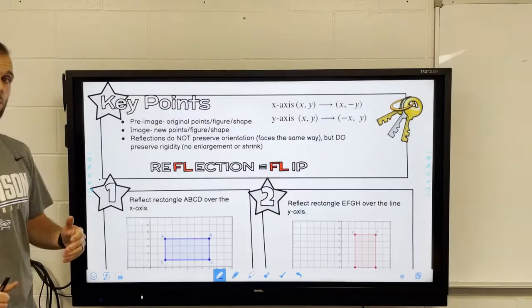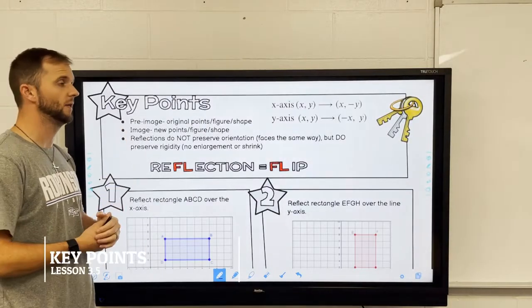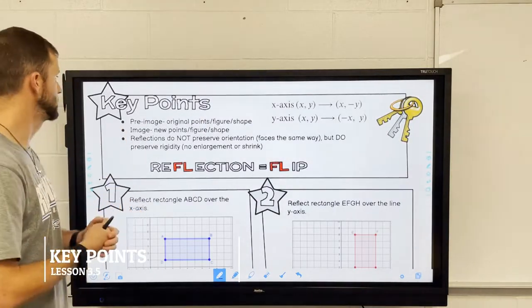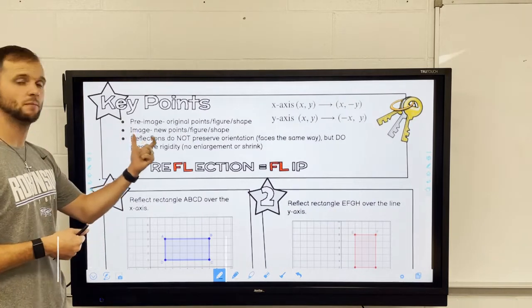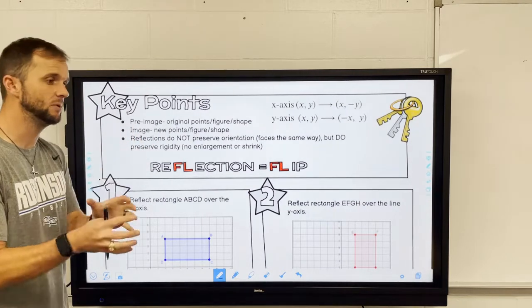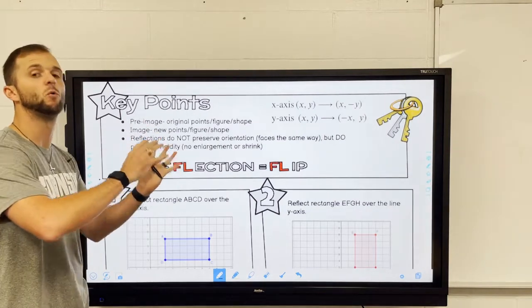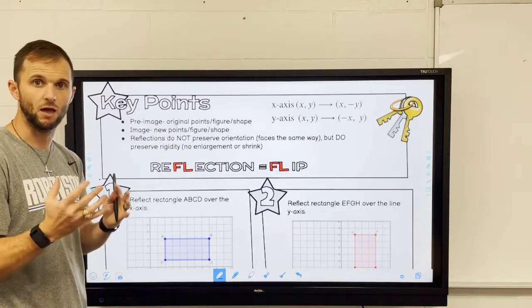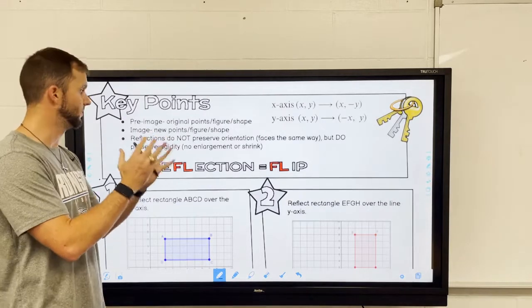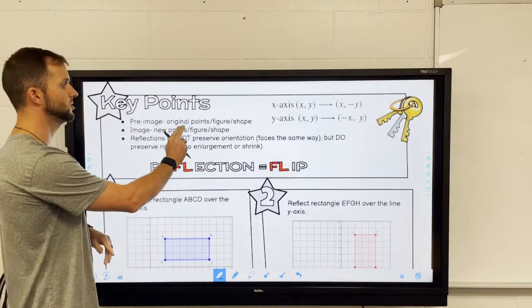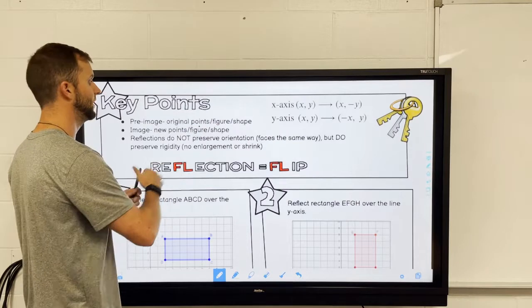All right, so the first thing we're going to jump into is exactly what the key points are, okay? So when we're looking at this, pre-image, remember, is going to be the image before. That means if we're talking about the pre-image, it's before it transformed into something else. So the pre-image is the before. The pre-image is the original points, the figure, or the original shape.